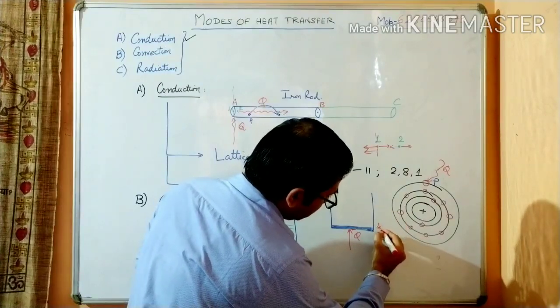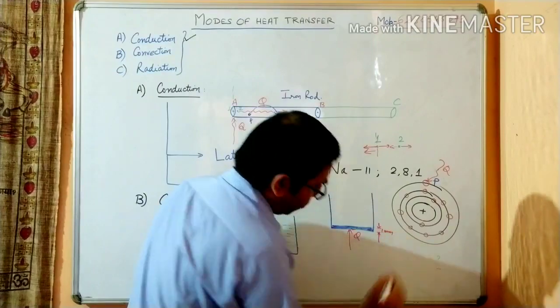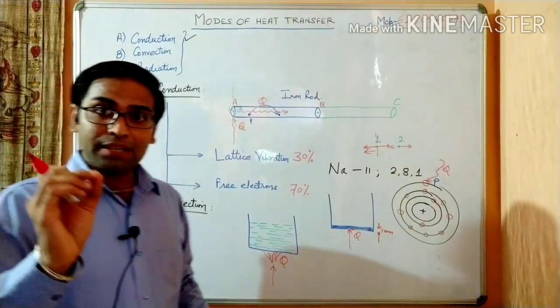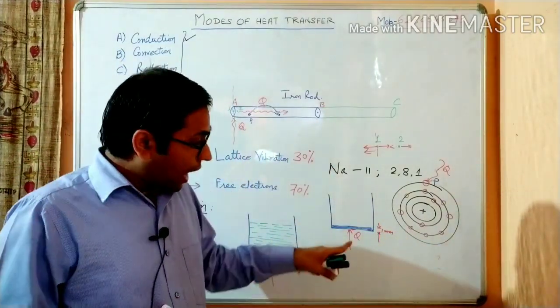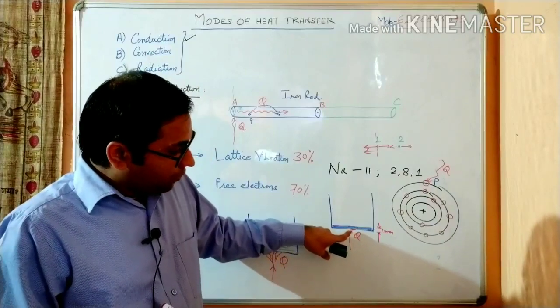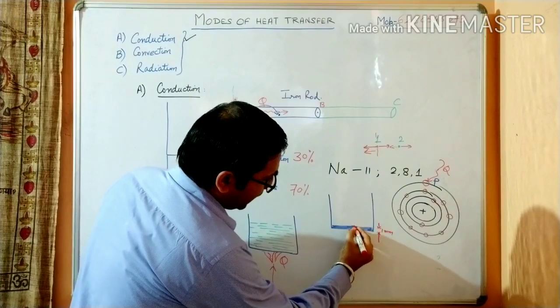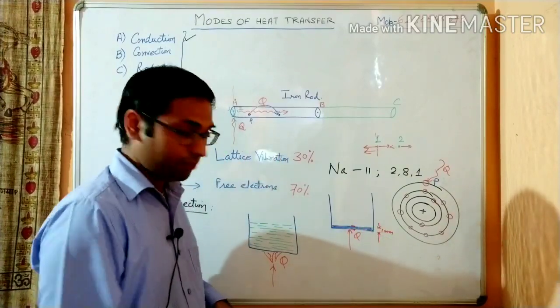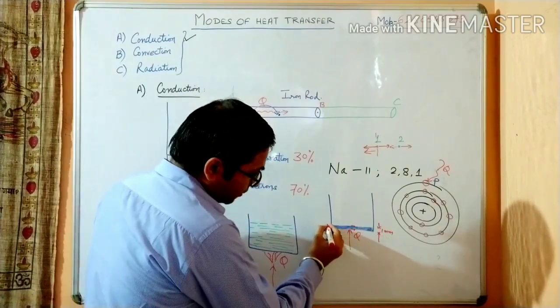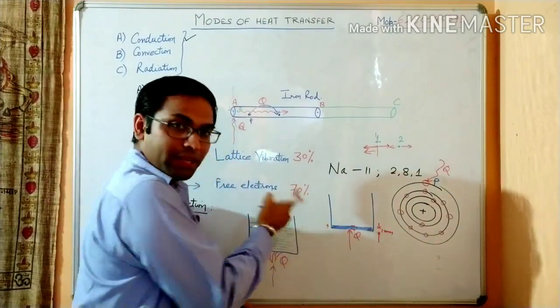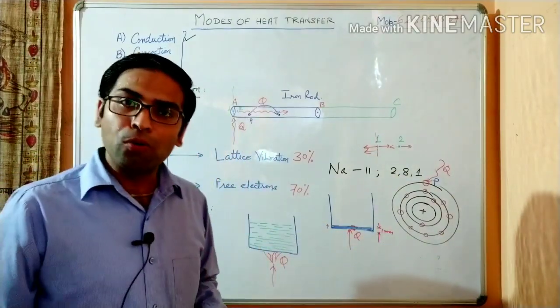Suppose it is 1 mm or 2 mm. So this is fine thickness and this is a solid. So how will heat move from this external surface to the inner surface? From outer surface to inner surface, how will the heat flow?